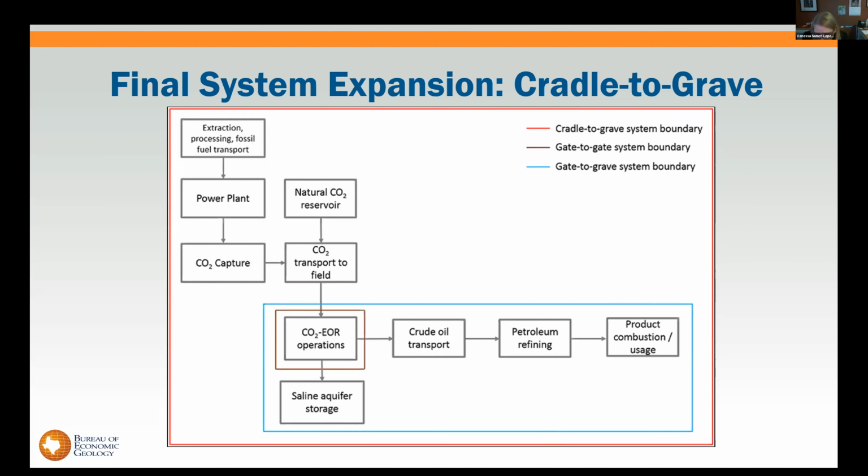To solve this problem of the functional unit, we estimated the energy generation required to supply the CO2 needed at the CO2-EOR site, and then we related the greenhouse gas emissions associated with this energy generation to the barrels of oil produced. That's how we solved the problem of the functional unit.